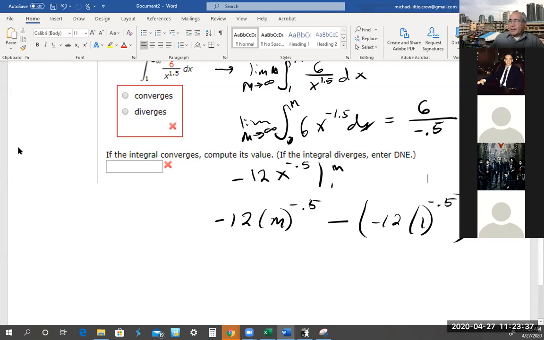So there's our limits, using the integration limits. And remember, we let the limit of m go to infinity.